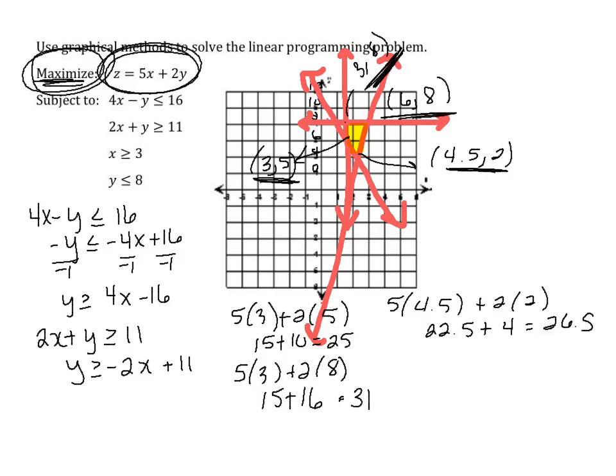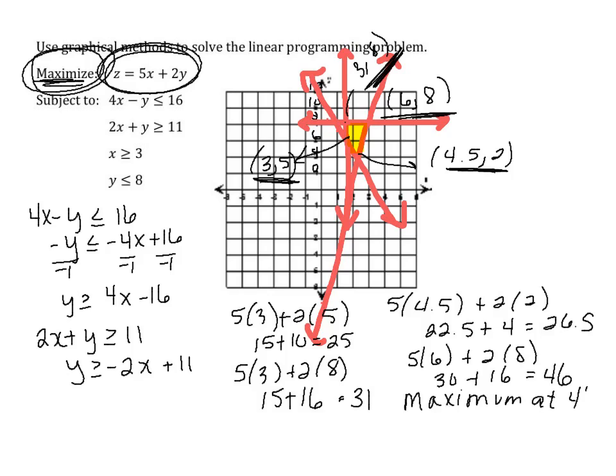So when you take 5 times 6 plus 2 times 8, so 30 plus 16 gives us 46. So our maximum is at 46, at the point 6, 8.